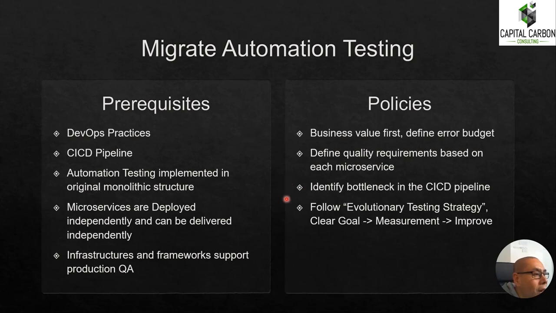Okay, and the last policy is to always follow the evolutionary testing strategy. The first step, set a clear goal, and then measure it, and then improve it. I saw a lot of teams that don't have a goal.